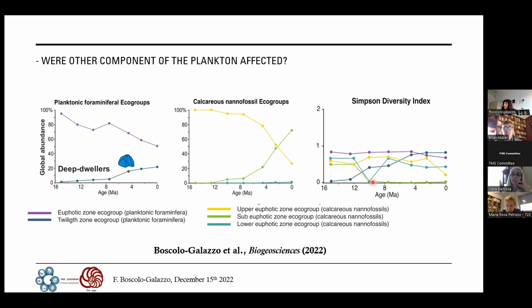This pattern is driven by the evolution of Florisphaera profunda in the late Miocene, which becomes so abundant and so dominant that it basically flattens out all the diversity. So we do see a consistent pattern of increasing abundance of deep dwelling species for both planktonic foraminifera and calcareous nanofossils.